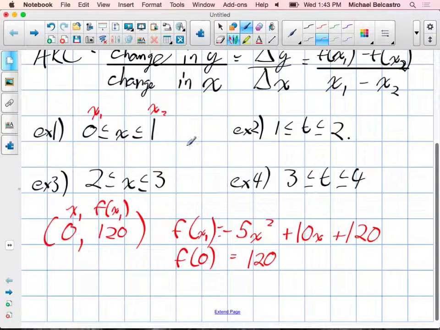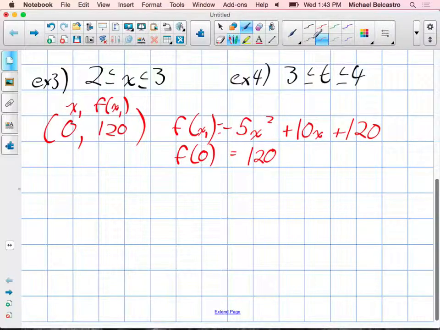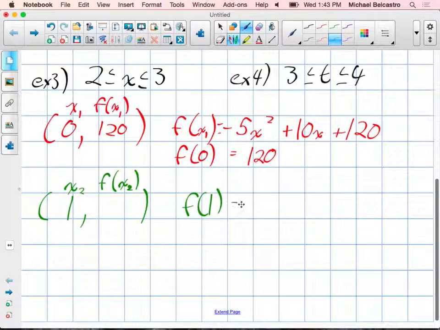Okay? So we're going to do that again for the second x coordinate. We know our second point. We'll change the color here. Our x2 is going to be our 1 value. And our f at x2 we need to solve. So from our formula above, we're looking at f at 1, which means we have negative 5 times 1 squared plus 10x.